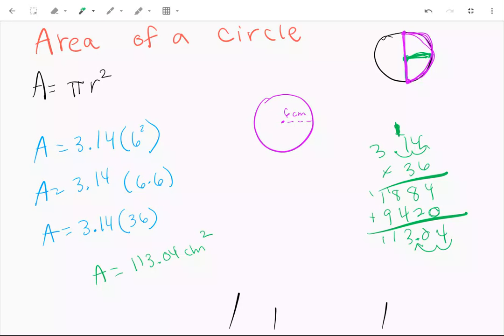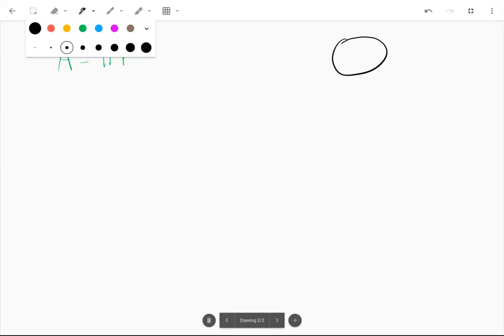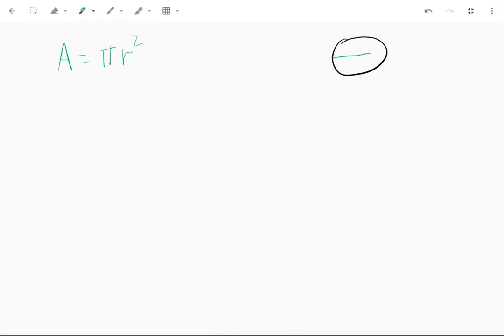So what if we actually had the diameter given to us instead of the radius? Okay, so our formula is still area is equal to pi r squared. But this time we actually have a circle, and let's say that our diameter was 10 inches.